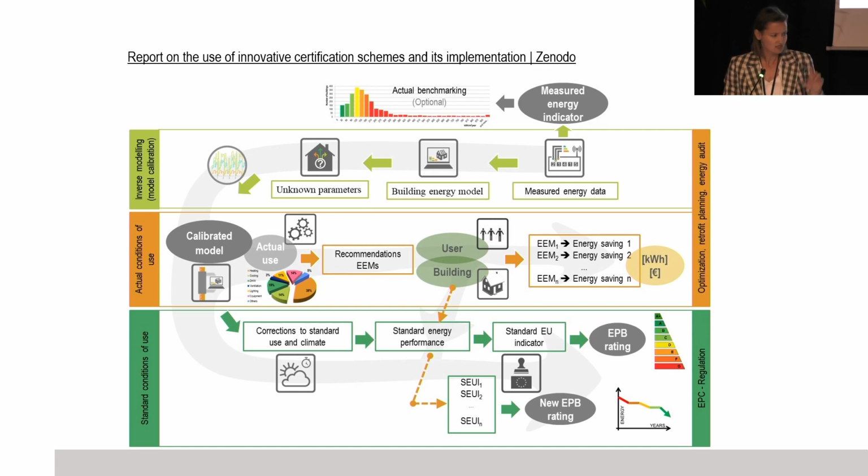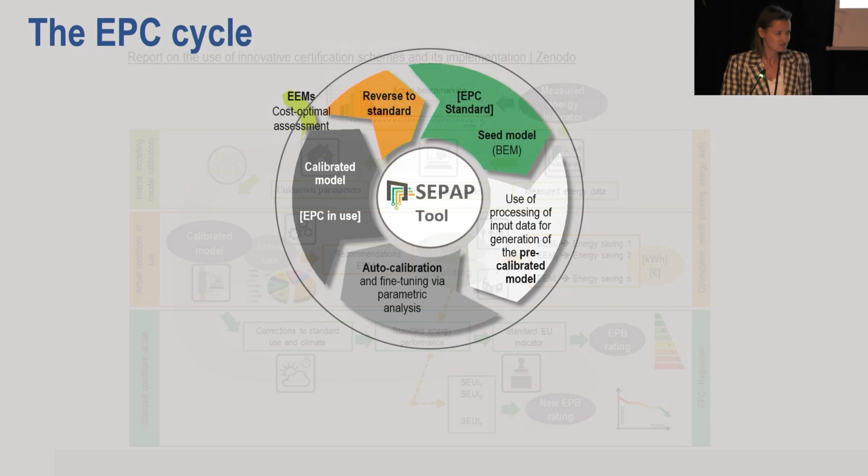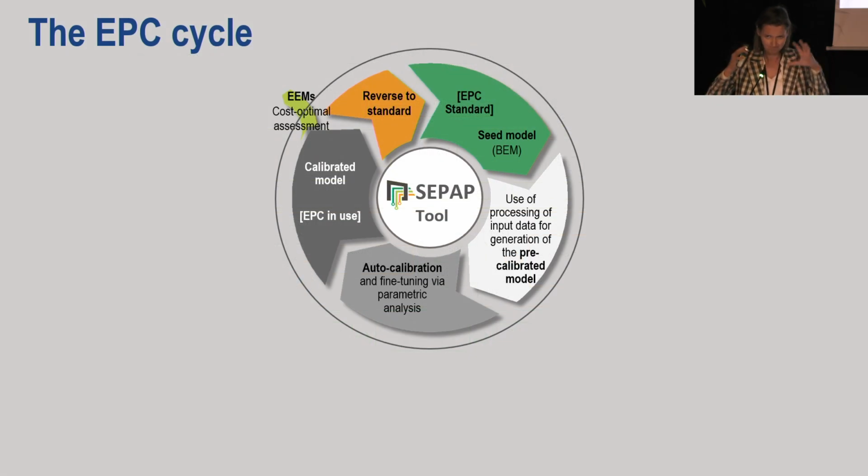The workflow shows the inverse modeling from the data collection through the calibration procedure to the limitation of uncertainty of some parameters. As you can see, this scheme is a little bit complex, so we try to simplify.